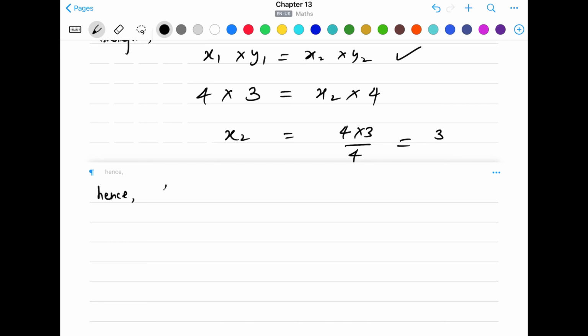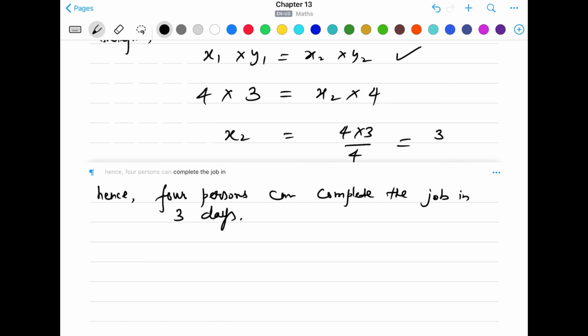You can say, hence 4 persons can complete the job in 3 days. Okay, so that's the answer for this one.